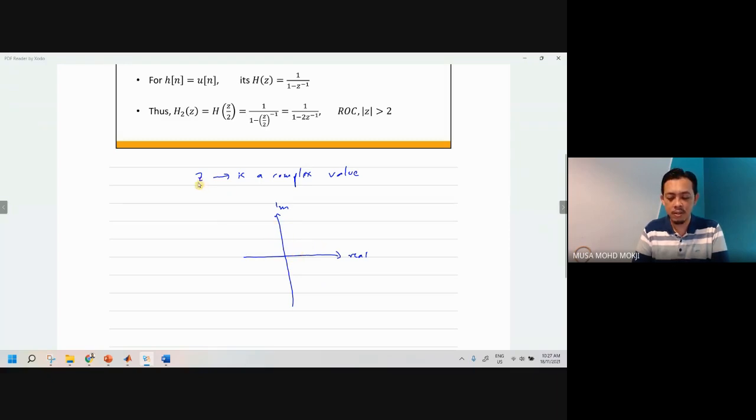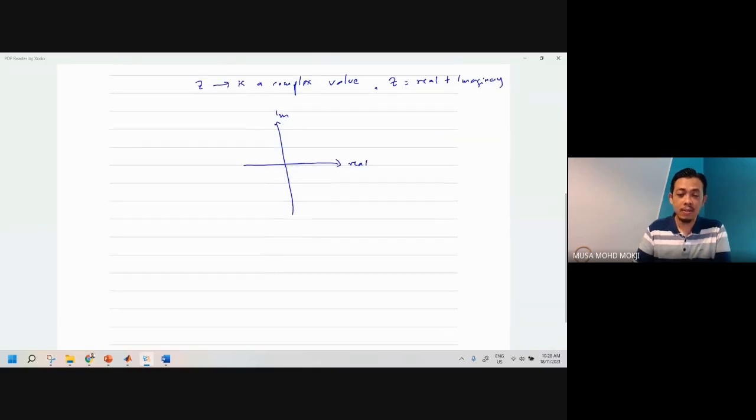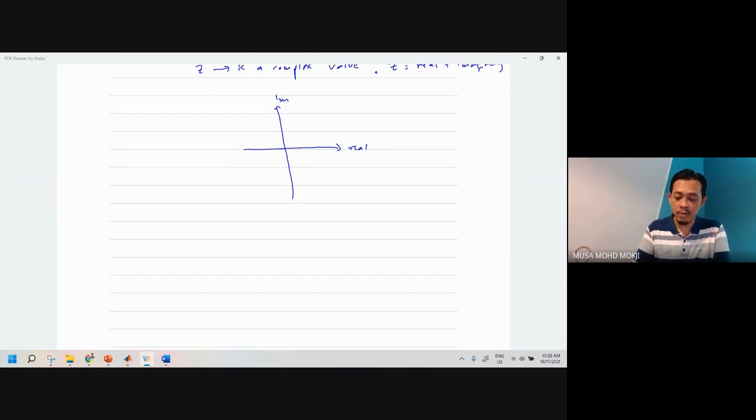We also write it as Z, but when we plot, there is no Z by itself. Actually, Z is a complex value, a combination of real and imaginary value. So Z is actually real plus imaginary part.